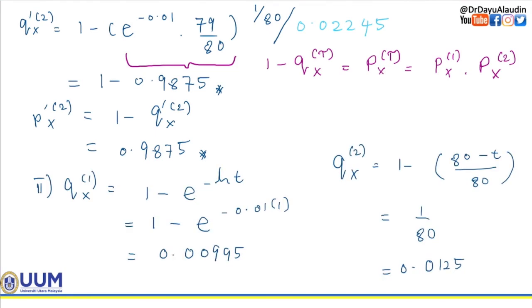And we can find qx1 and qx2. Actually, we already found them in the last slide. So this one is constant, where the force of decrement is constant, and this one is where the force of decrement uses de Moivre's law, the mu x plus t for number 2.